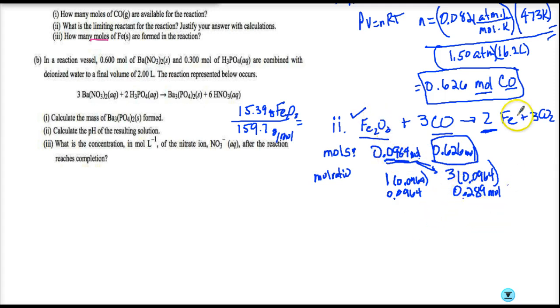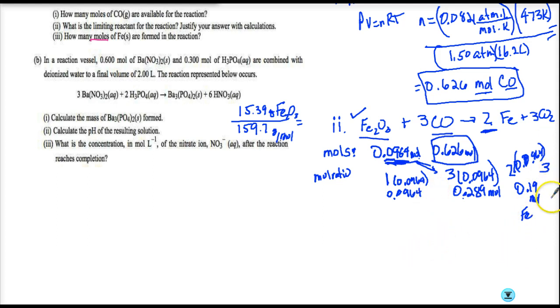Anyway, I'm just going to keep going this way. So then here's my 2 for my coefficient, and I would bring this down 2. So 2 times whatever was my 1, this is the amount. So 2 times the 0.0964, that's going to give me 0.19 moles of iron that can be made. Okay?